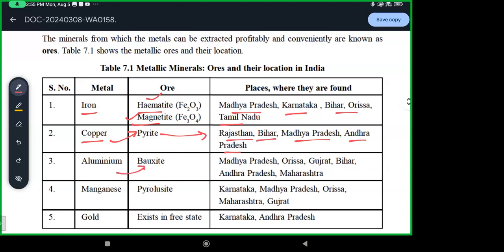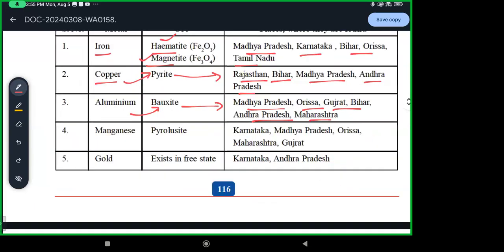This bauxite ore is found in MP, Odisha, Gujarat, Bihar, Andhra Pradesh, and Maharashtra. Then we have manganese, which is derived from pyrolusite ore, found in Karnataka, MP, Odisha, Maharashtra, and Gujarat.